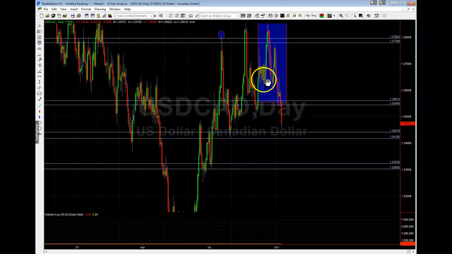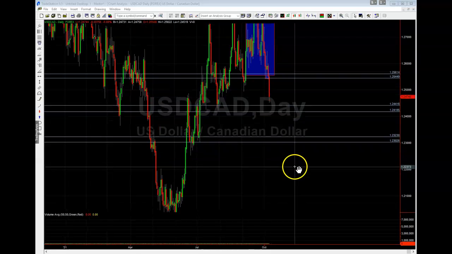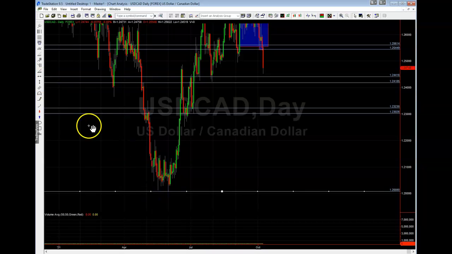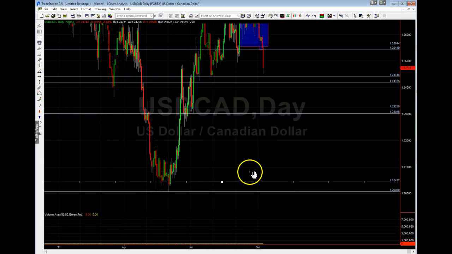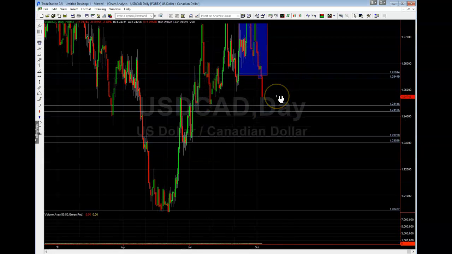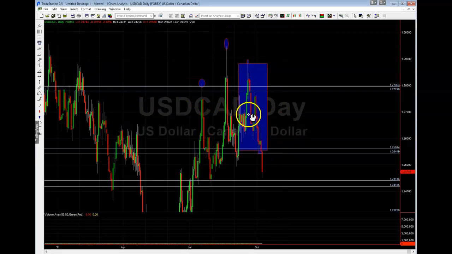Because really, if these patterns are going to play out and make a bigger down move on the US dollar, of course we have massive support down here, but if that's going to play out, then the market shouldn't be able to get back above this. Or if it did, it would get up to the midpoint of this area, but that's another concept for another day.